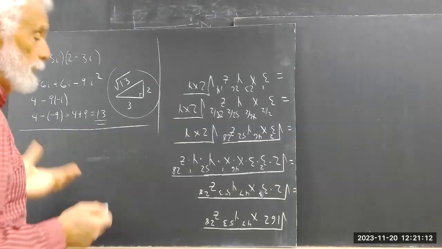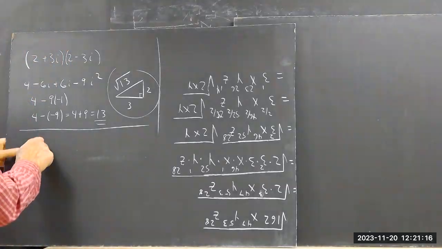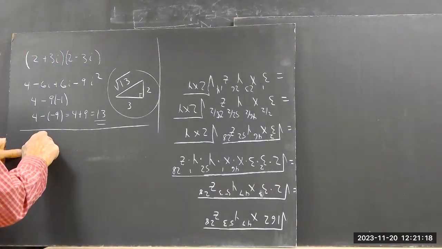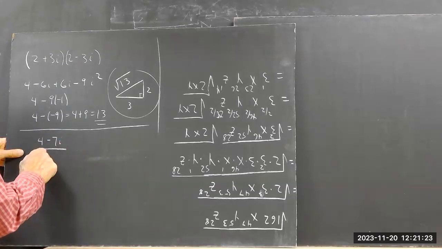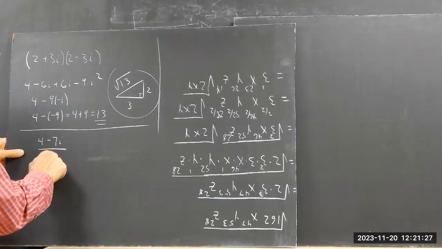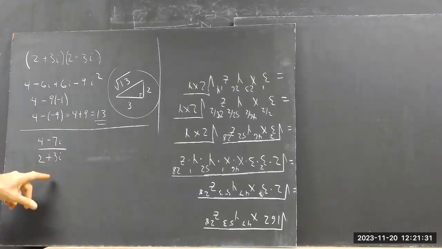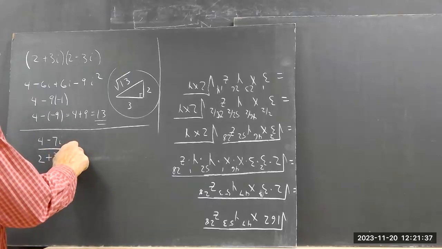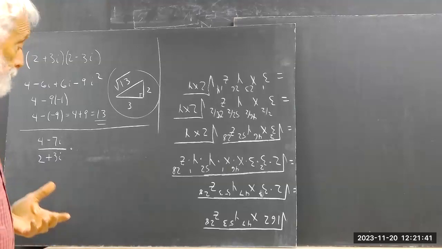Okay, briefly, to divide. I'm going to divide 4 minus 7i by 2 plus 3i. To do that, it feels a little like finding a common denominator.